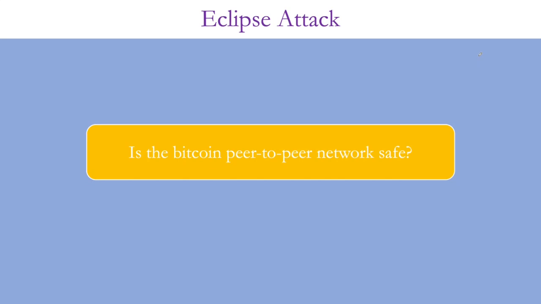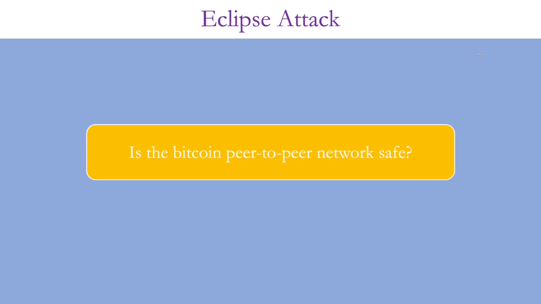In the Eclipse attack, the main intention is to compromise any one node in the network, and then do some kind of transaction-oriented or research-oriented denial of service attack, so that the actual user cannot reach any other node in the network.